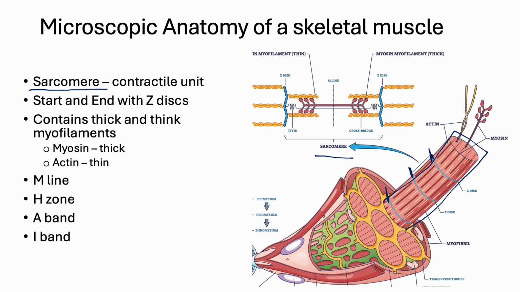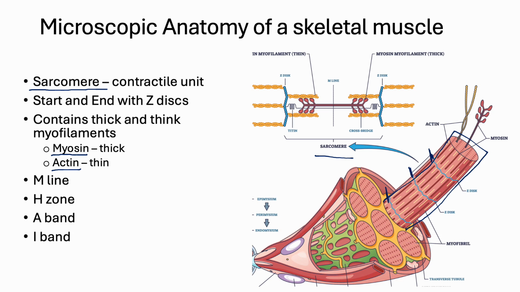The reason these sarcomeres exist is based on the way that two different protein filaments, or myofilaments, come together in the muscle fiber. These two filaments are myosin, which is called the thick filament, and actin, which is called the thin filament. These are arranged in a particular way.